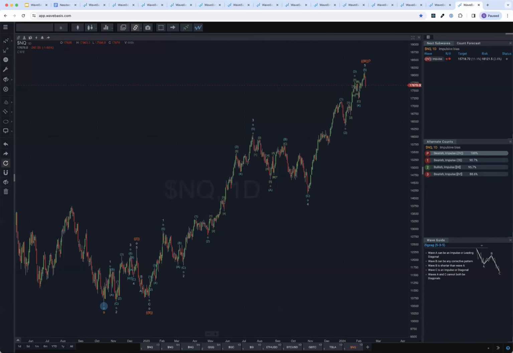The trade-off you're making by trying to trade the end of a wave 2, or just the very beginning of a wave 3, is that you will have less confidence because wave 3 hasn't been confirmed yet. But if you're waiting for the wave 1 breakout, you're going to have higher confidence that you've got the momentum there. Actually, maybe I should just do it right on the chart.